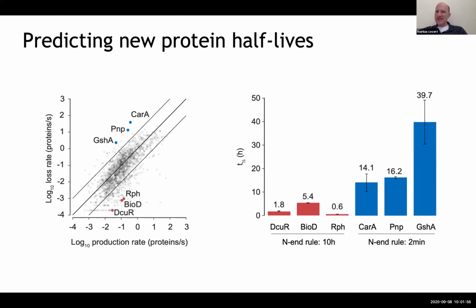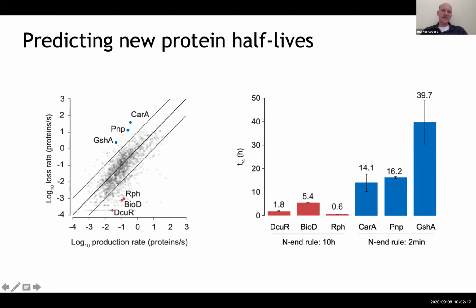In E. coli, most of the half-lives are not known, so most of them are just guessed from the n-end rule. By looking at our model, we could specifically say which half-lives are most likely to be incorrect, and those are the ones that fall outside of these 2 lines.